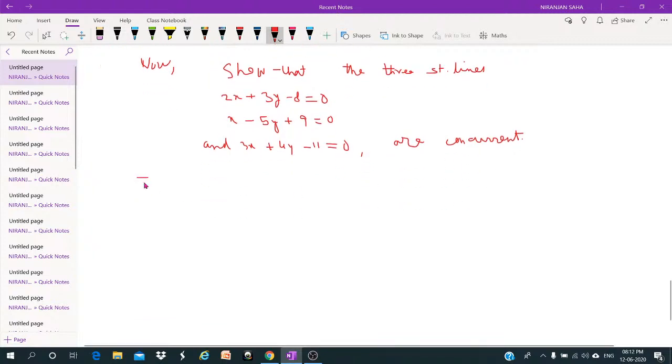So you just have to make the determinant with the coefficients of the three straight lines.